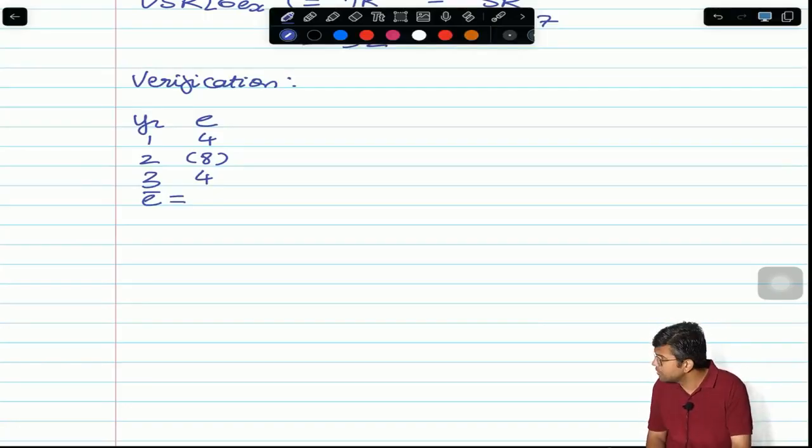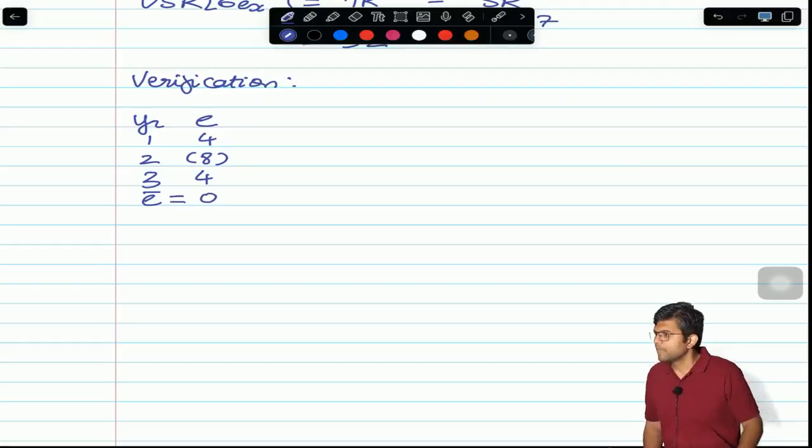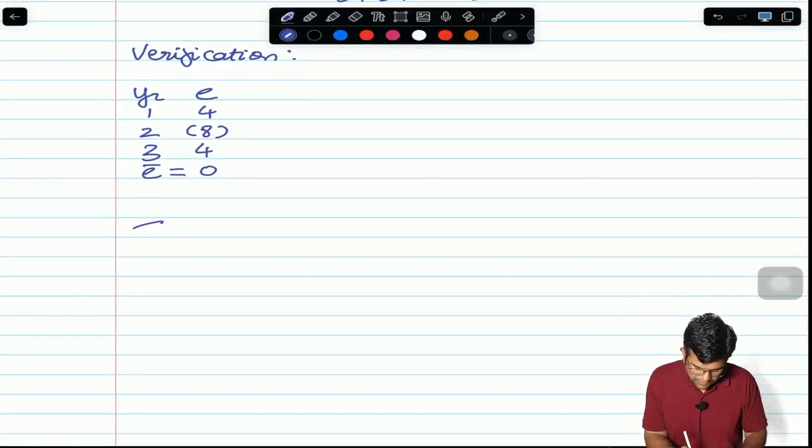Okay, so students, E bar is 0. So if I want to find sigma E square, it will be summation of E minus E bar, the whole square, by n.